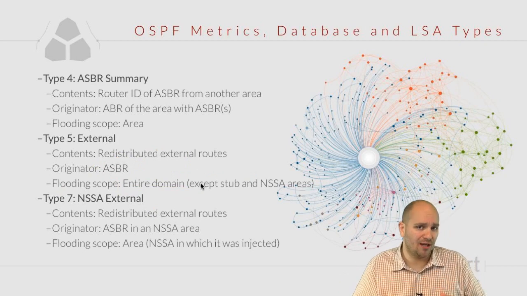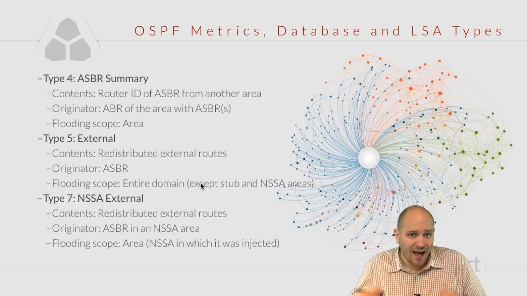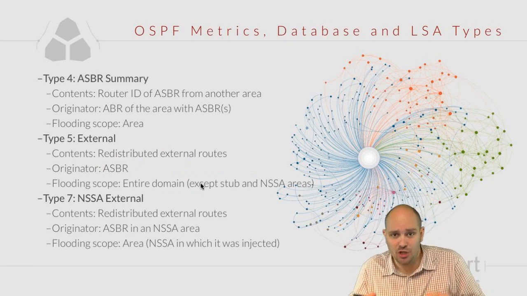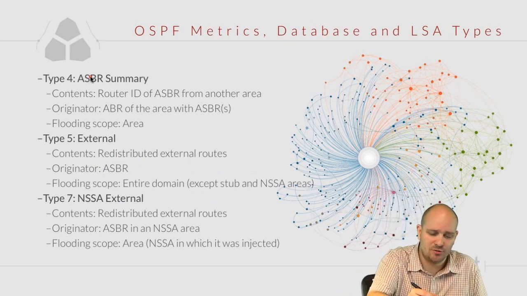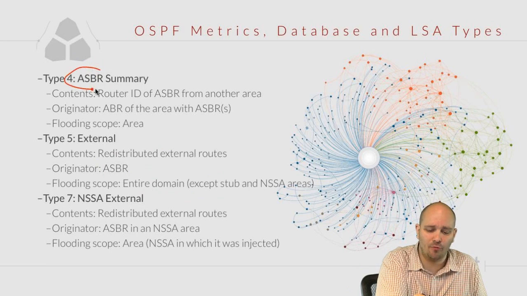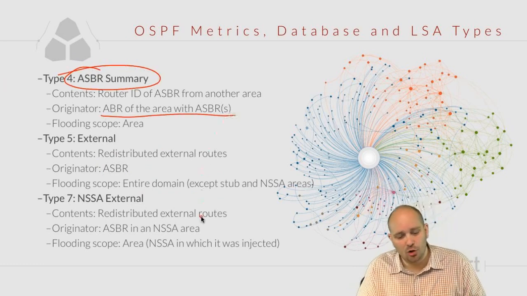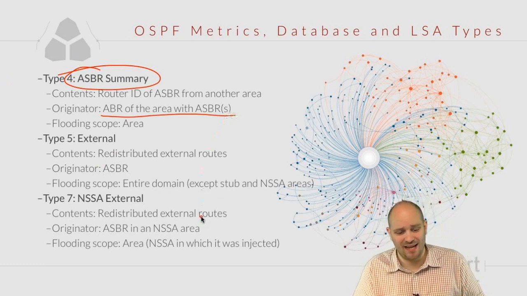And in order to actually figure out how to reach this external prefix, how to reach this router that injected this external prefix, type 4 LSA will be generated by the ABRs in those areas that contain the ASBRs.